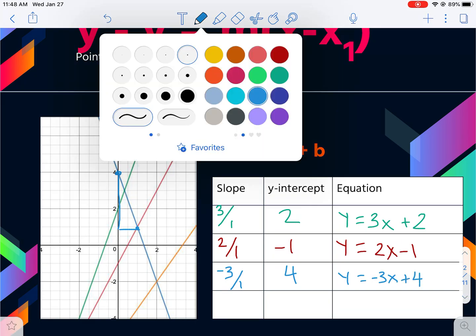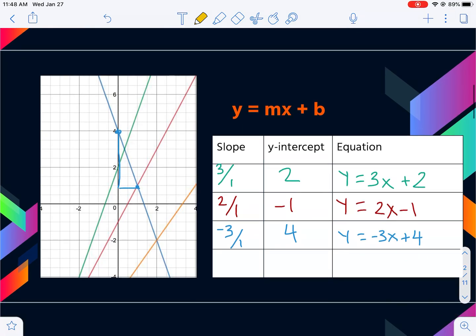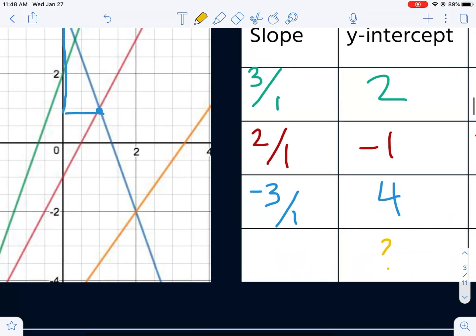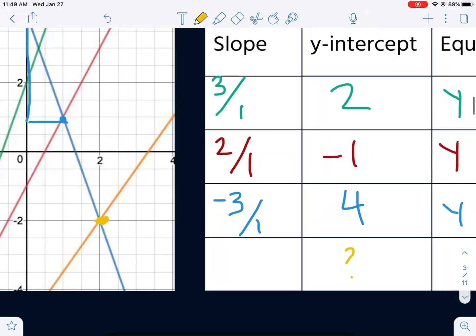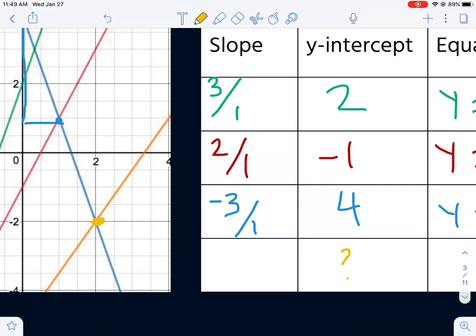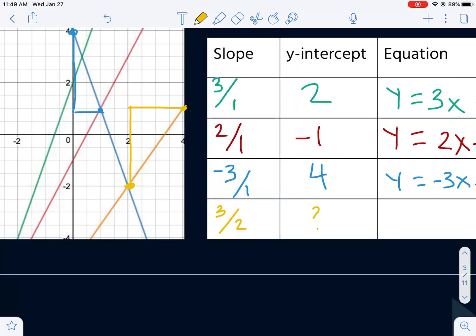And then when I look at that goldenrod line, I don't have my y-intercept. I can't just look at it. So instead I'm going to find a point, and I'm going to find another point. I'm actually going to choose a different point. We'll choose this one. I'm going up 3, over 2, and I don't know my y-intercept.